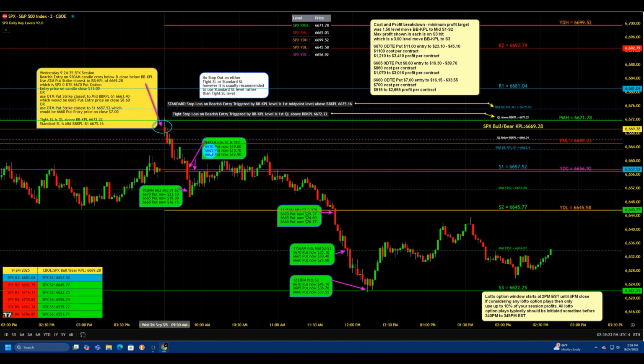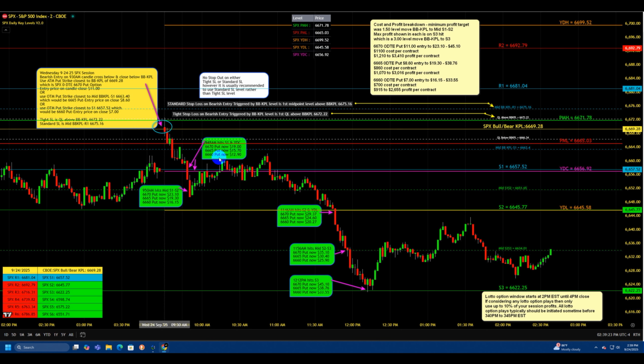On the close of this candle, the 66.70 put is now $19. You paid $11, so that's an $800 profit. The 66.65 put is now $15.70. You paid $860, so that's roughly $710 profit. And finally, the 66.60 put is now $12.90. You paid $7, so that is a $590 profit per contract.